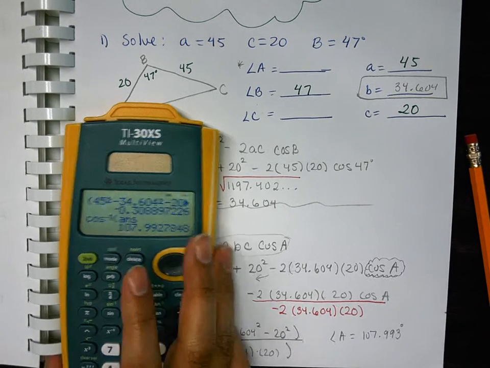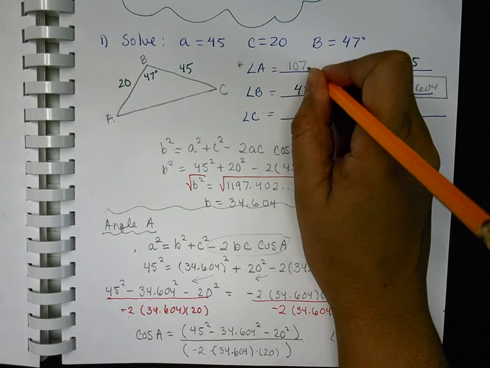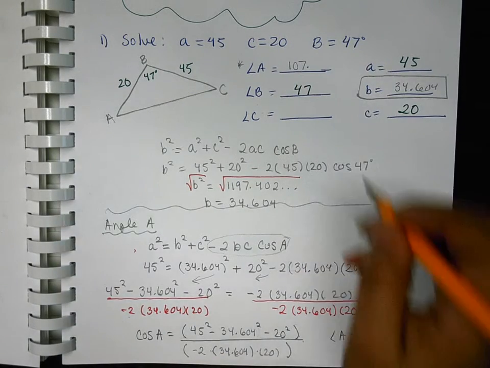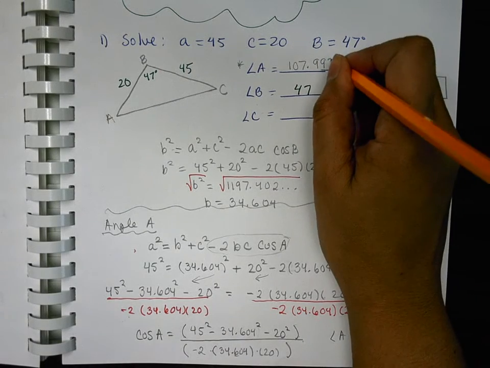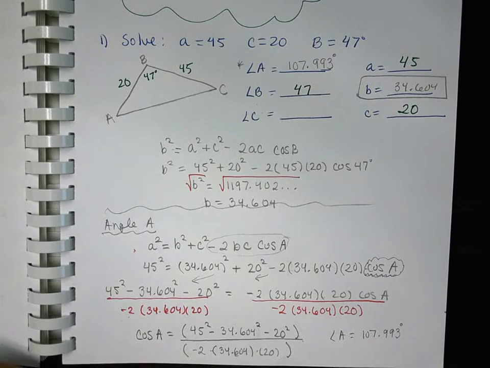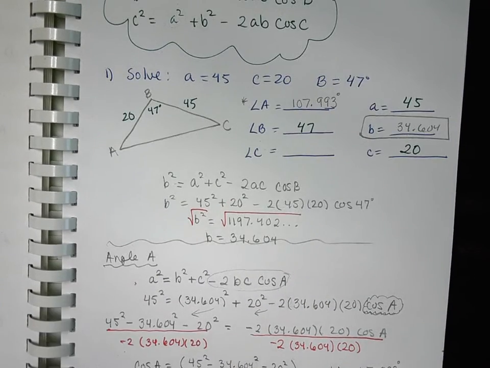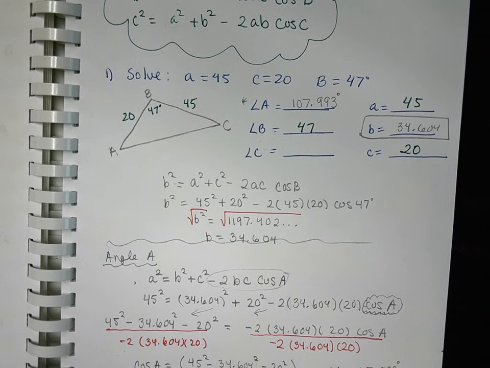Okay, so angle A is 107.993. And how do we find angle C? What do we do? Add and subtract from 180.